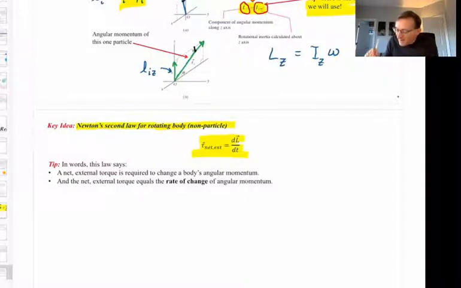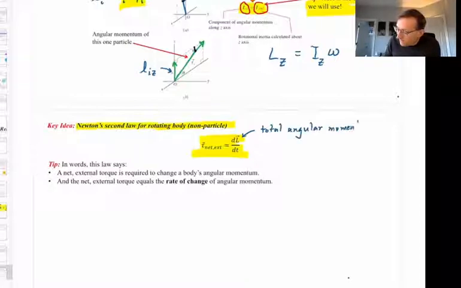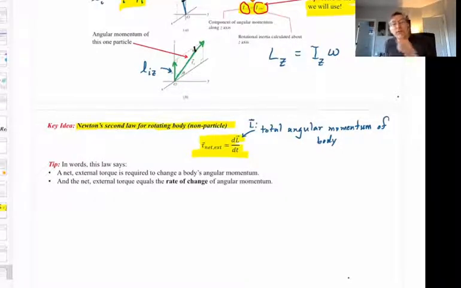On the right, I have dL/dt, the rate of change of the total angular momentum of the body. The L part. And so the right is the rate of change of that total angular momentum. And on the left, I have the net torque, but only external torques.